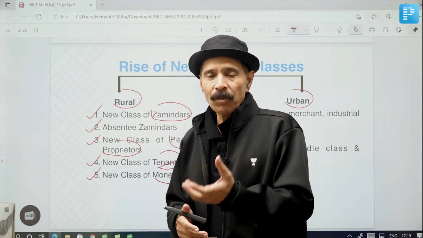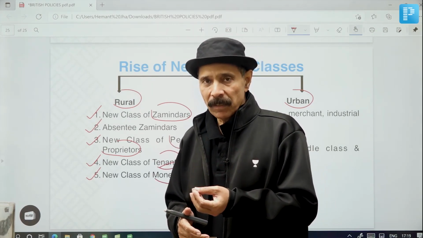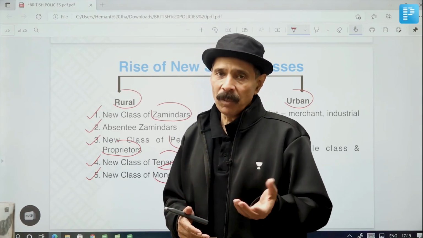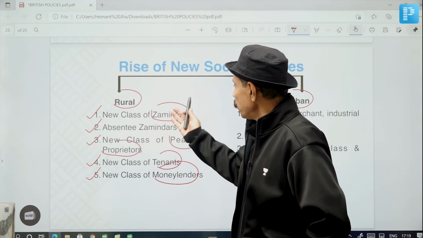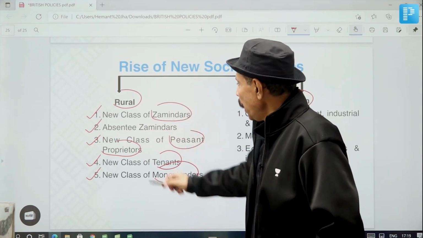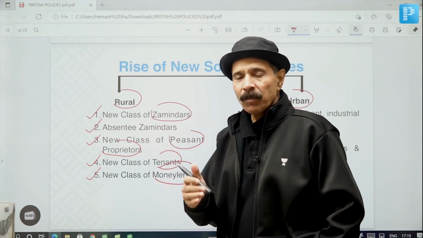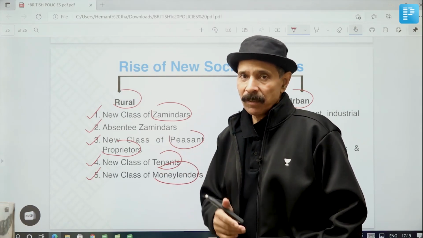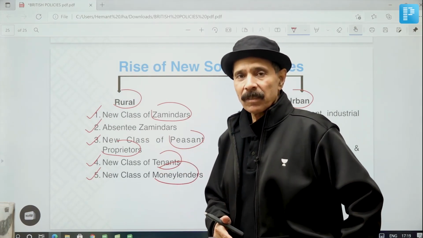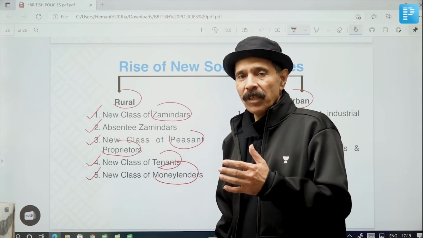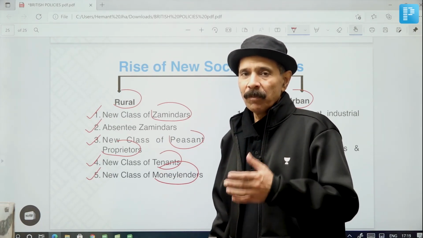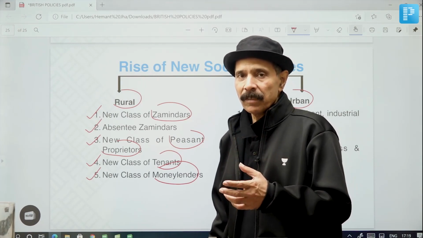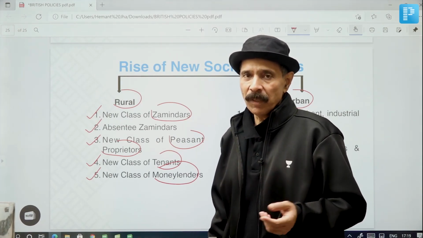So zamindars during the British period were different from the zamindars during the Mughal period. New class of zamindars emerged out of the zamindari settlement. Absentee zamindars also emerged out of the zamindari settlement, because when the zamindar failed to pay land revenue in time, his zamindari or his right to collect was auctioned to the highest bidder.